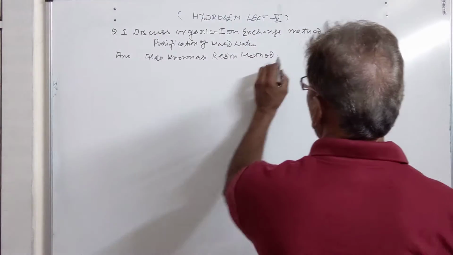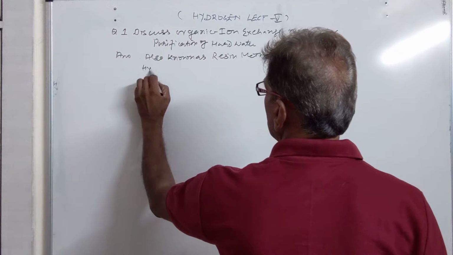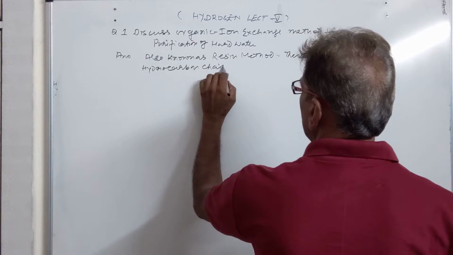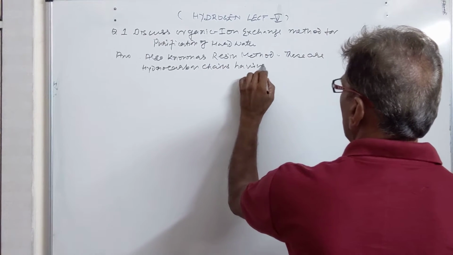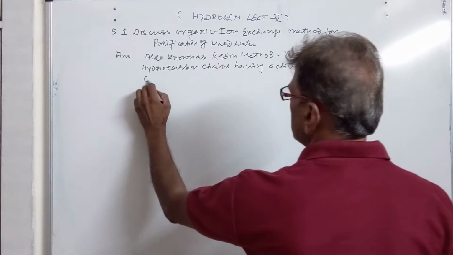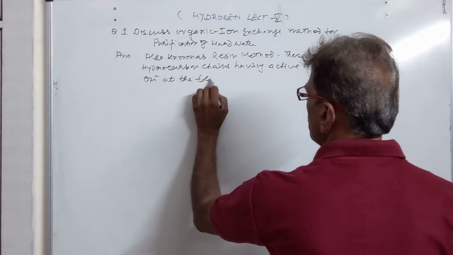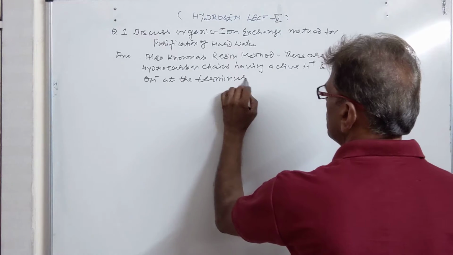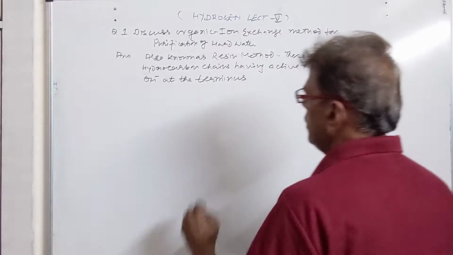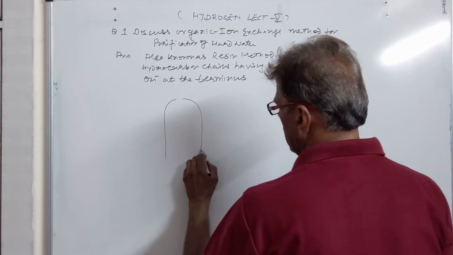So resins are hydrocarbon chains having active H positive and OH negative ions at the terminus. They are packed in two chambers. The first chamber contains H positive resin.